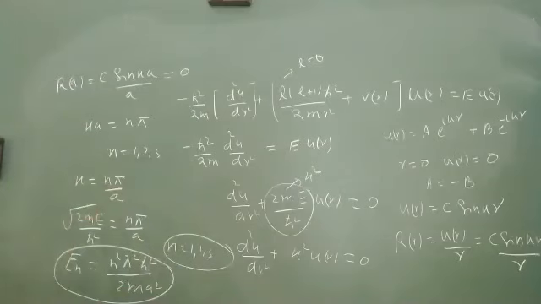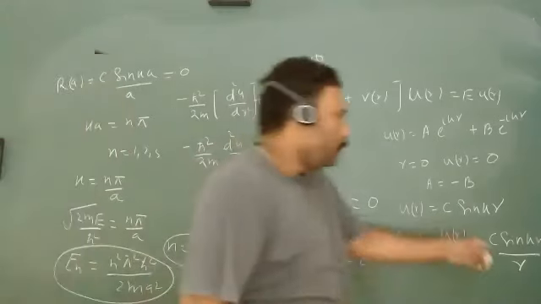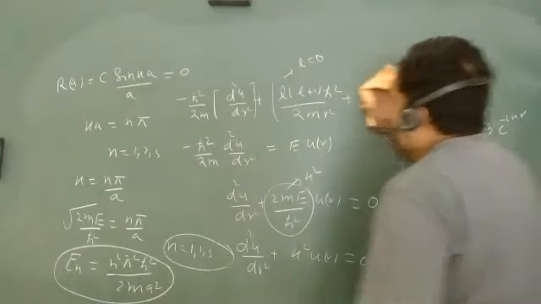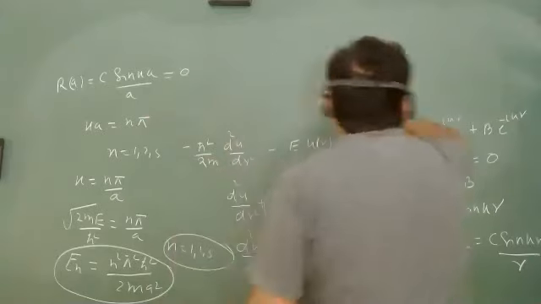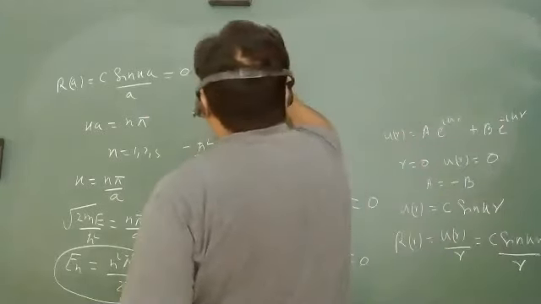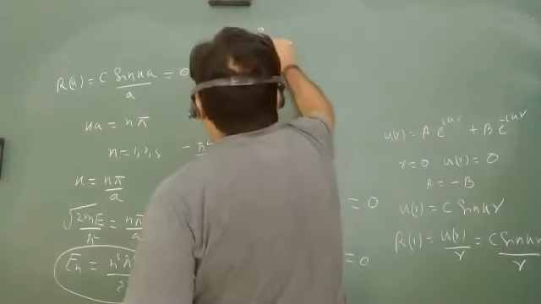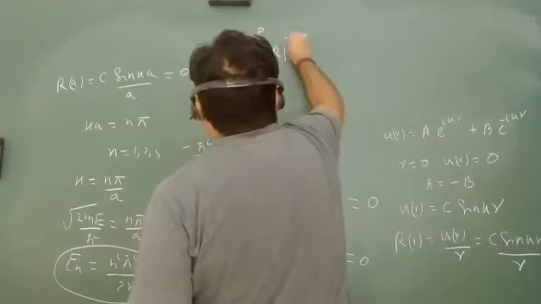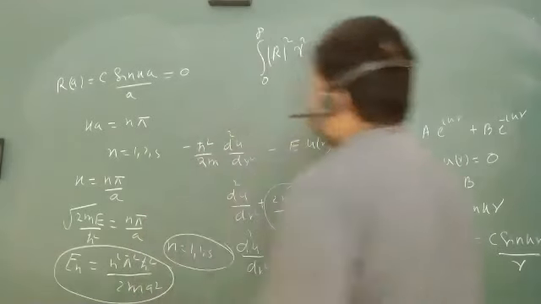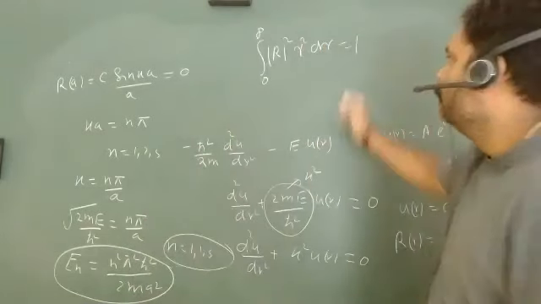Let's try to figure it out. What will be the value of C? The radial part must be normalized. So what will be the normalization condition? Remember, integral from 0 to infinity of |R|² r² dr must be equal to 1. So this is the normalization of the radial part.